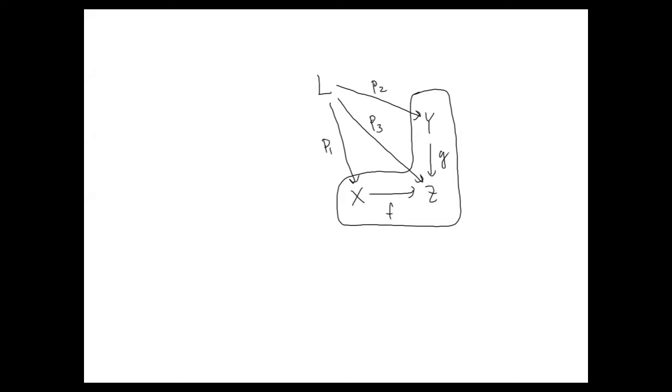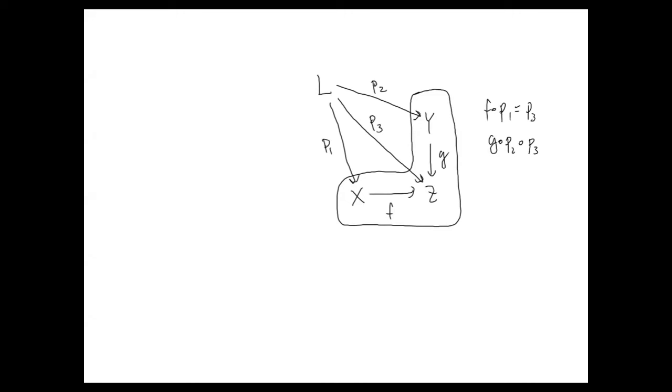And remember, we have these commutativity requirements, or the triangles. So in this case, there are two of them. We want F composed with P1 equaling P3, and G composed with P2 also equaling P3. So we have a data of three maps, P1, P2, P3, together with these two equations.